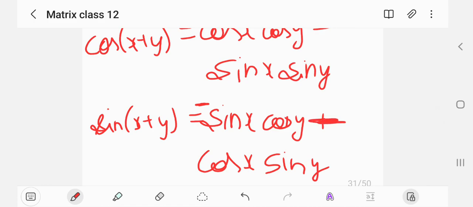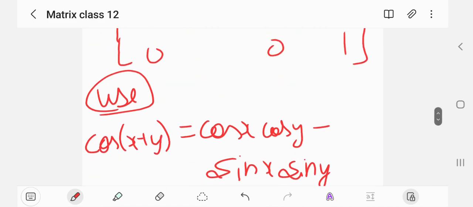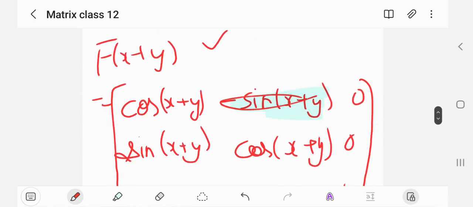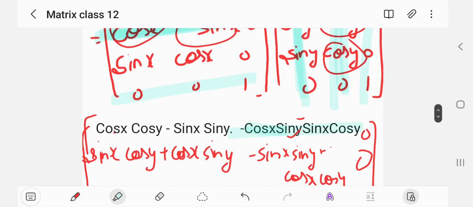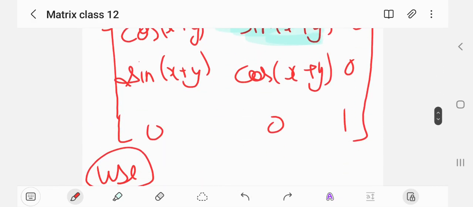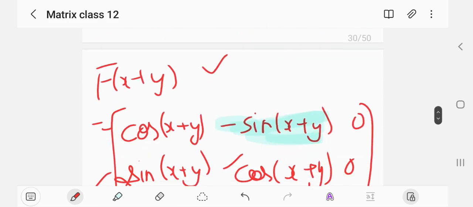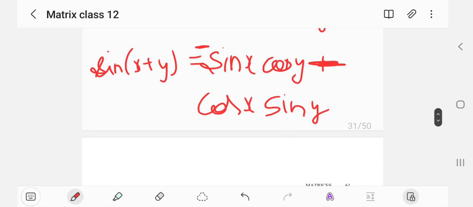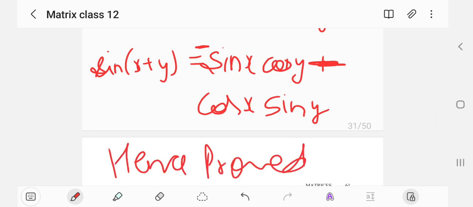So you can see that this second entry is equal to this entry. See here it is minus cos x sin y minus sin x cos y, so they are both the same, right? Similarly, you can go ahead with this entry and this entry, and you will find that both LHS and RHS are equal. Hence proved. This is what we wanted to show.